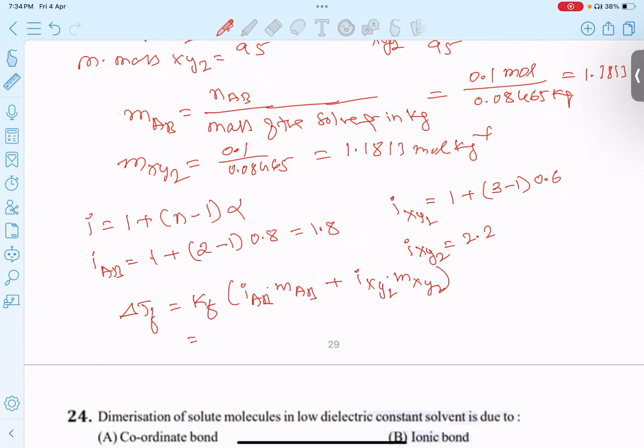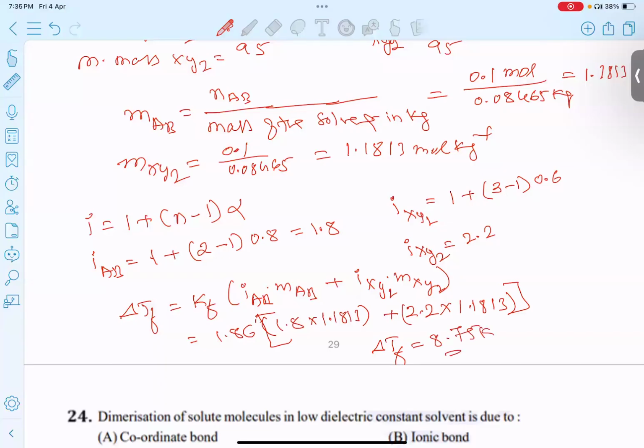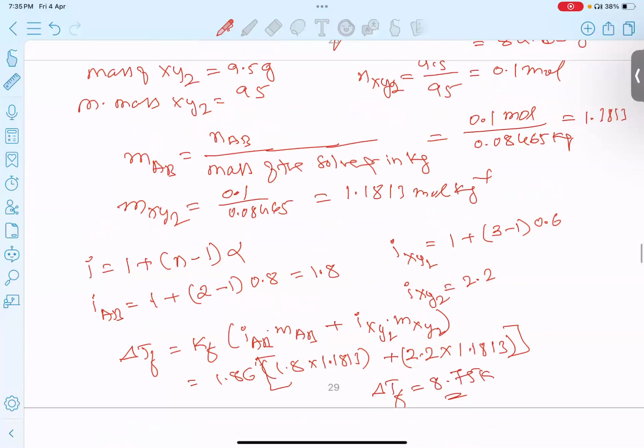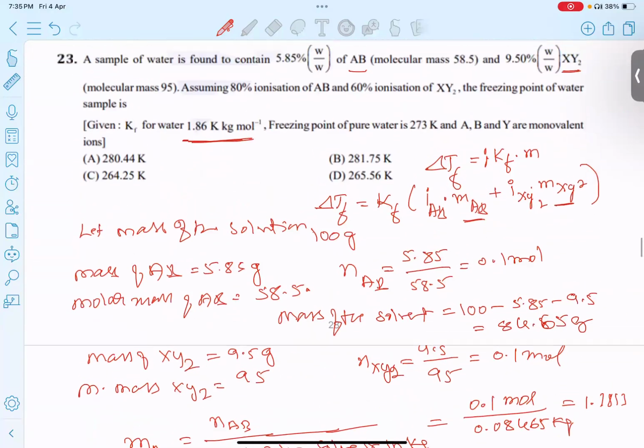Substituting, 1.86 into [1.8 into 1.1813 plus 2.2 into 1.1813]. So delta TF is 8.75 Kelvin.